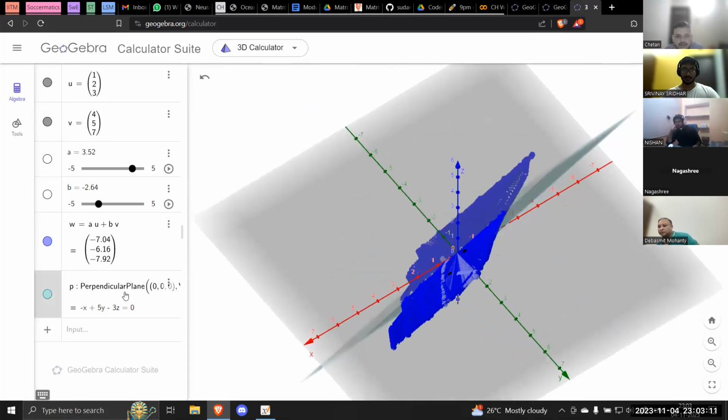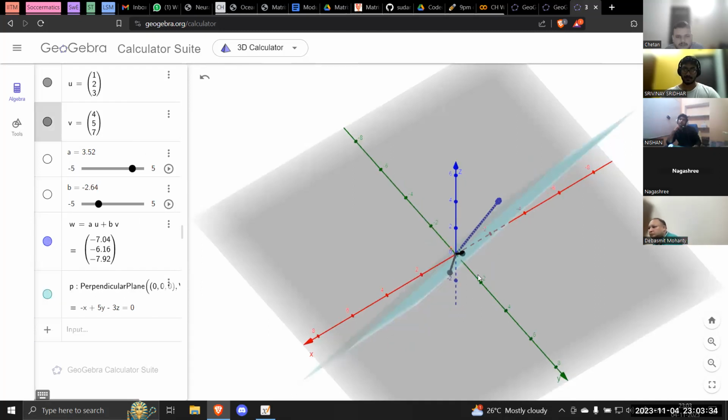Can you remove the trace? Okay, perfect. No issues. It is giving you the same plane.